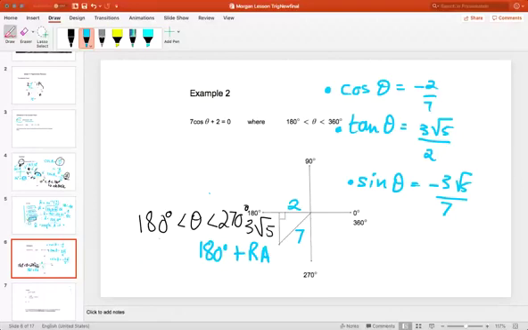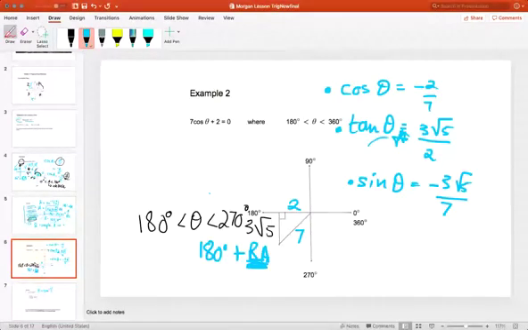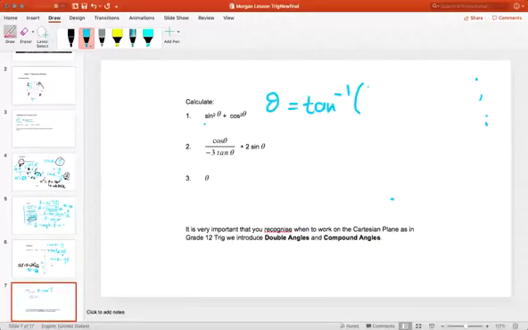So now we require a positive ratio so that we can get out a positive reference angle, which means we're going to have to work with tan to help us. So now we say theta is equal to tan to the minus 1 of, let's quickly check again what tan was, 3 root 5 over 2.